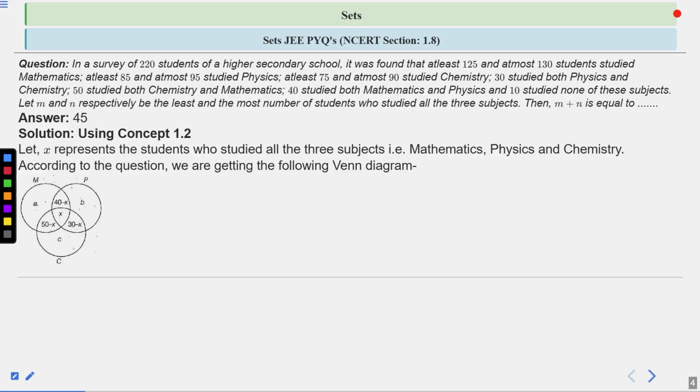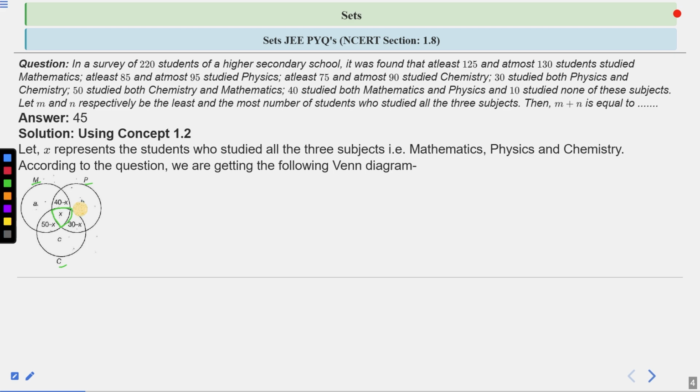M, P, C denote these respective circles, the number of students studying math, physics, chemistry. This common portion represents the students who studied all the three subjects.